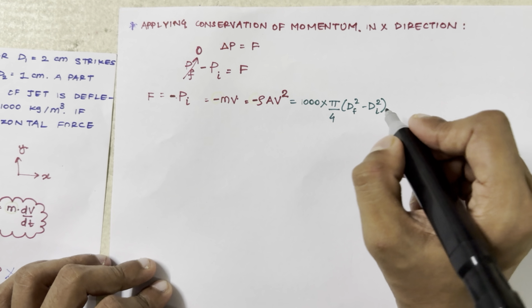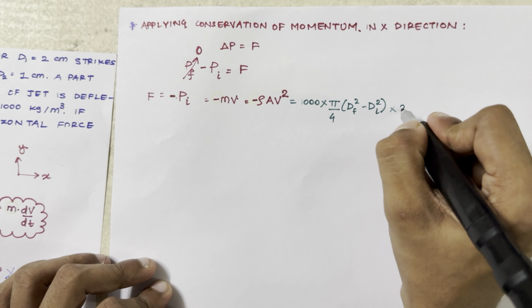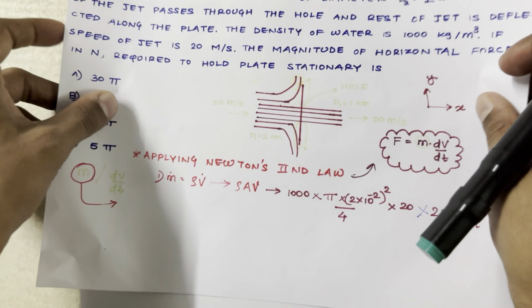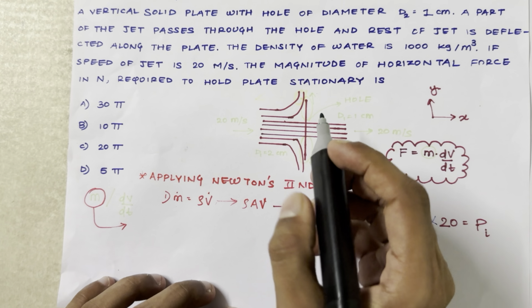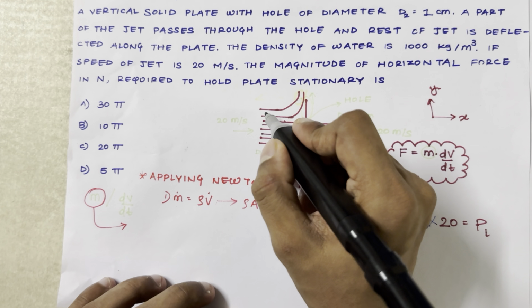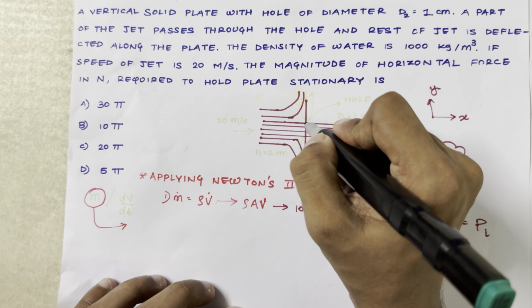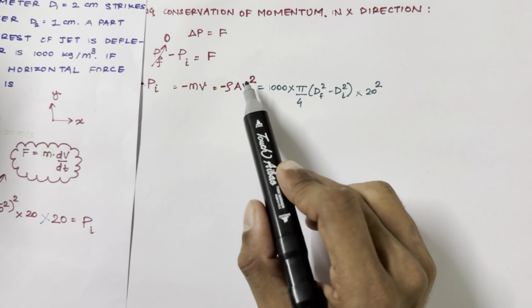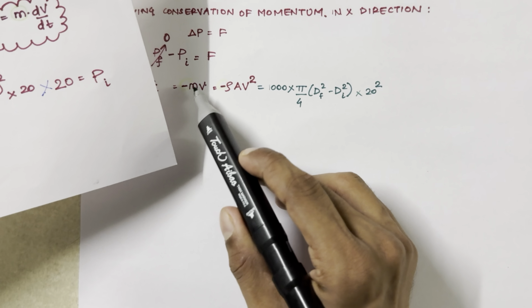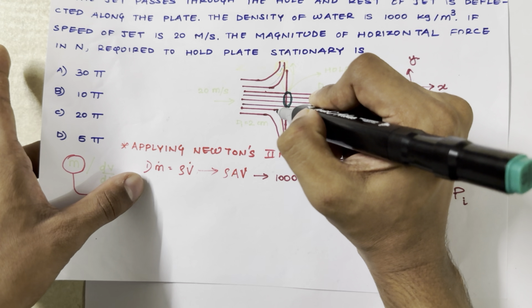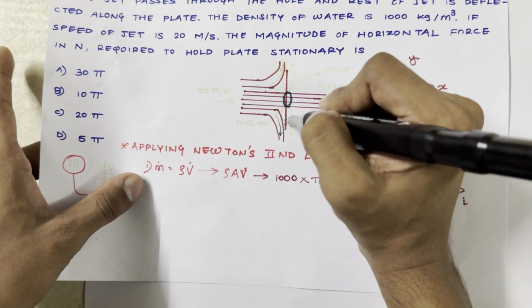And we have v as 20 squared. If you look at the diagram, df is this whole diameter, and di is the diameter of the hole. By looking at this expression, we realize that this mass flow rate is nothing but the deflected mass which is getting deflected by thrust over this plate.